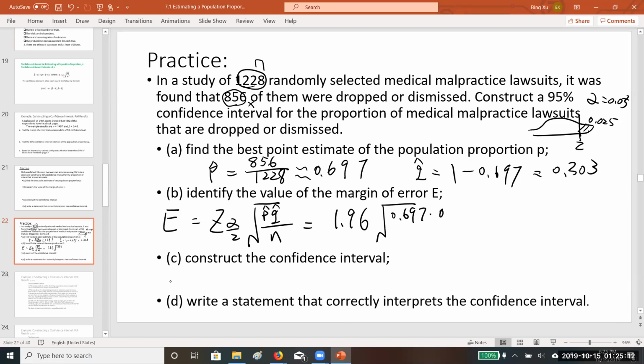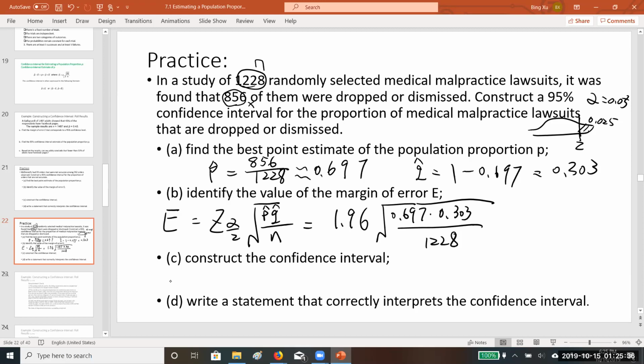And times square root of 0.697 times 0.303 divided by my N, which is 1228. Do the calculation using your calculator. This will give you the answer. Let me see, where's the square root here?